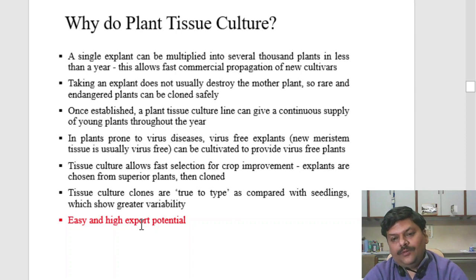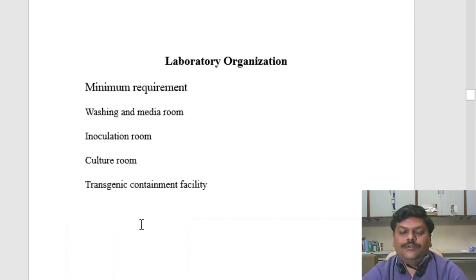So if we can establish a reliable, reproducible, and economical method for plant tissue culture of an important cultivar, then since the resultant plants have better quality, can be characterized easily, and are disease free, they have very high acceptance in the market as well as high export potential, which can earn money for the companies or the persons involved in plant tissue culture.